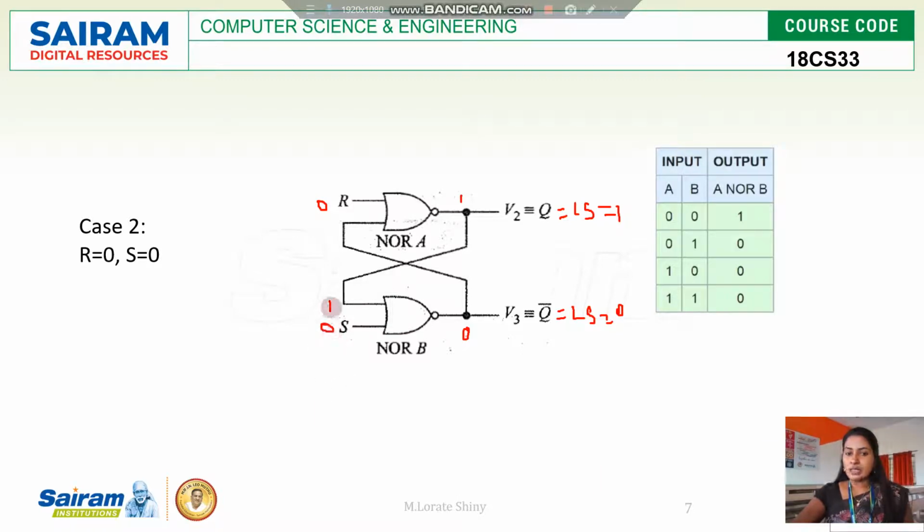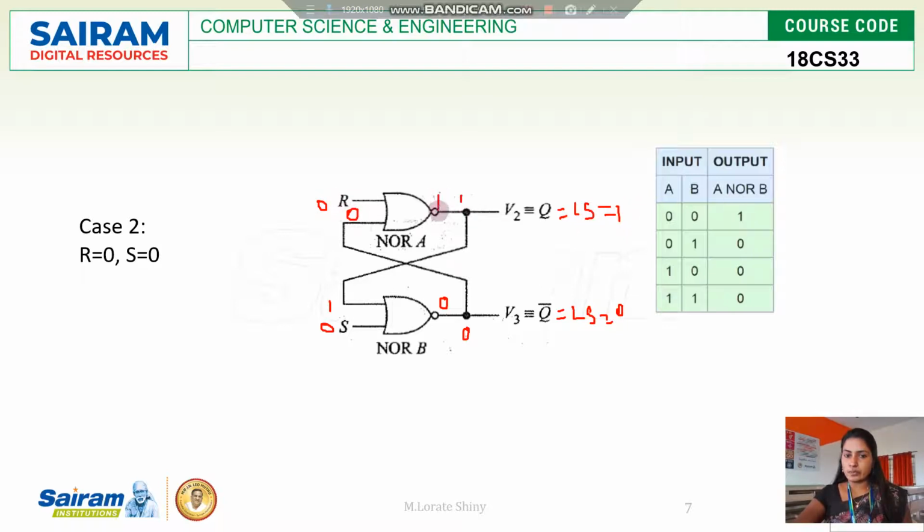If 0 and 1 are the input of the NOR gate, the output is 0. Now this is the input of this other gate, so the second input of the first NOR gate is 0. 0 and 0 means the output is 1.